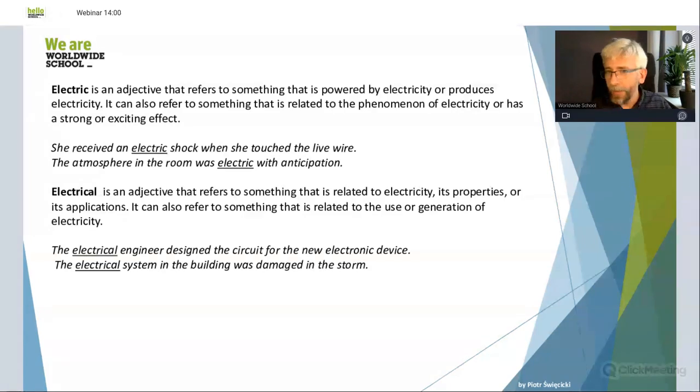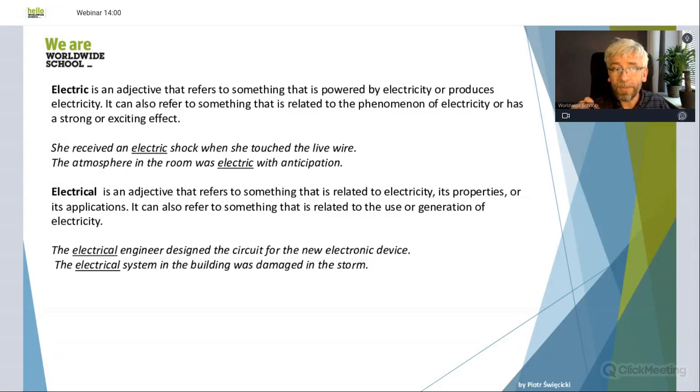So have a look at the examples. I think they are better than the actual definition. The electrical engineer designed the circuit for the new electronic device. So electrical, referring to the science, right?